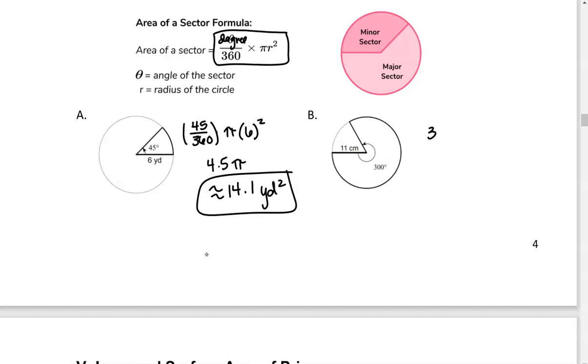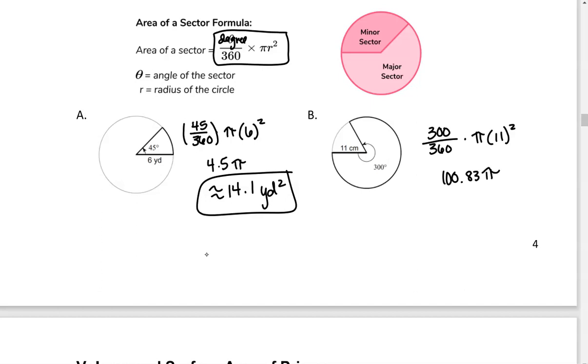This next one is going to be 300 divided by 360 times pi times 11 squared. So again, 300 divided by 360, and then we're going to take that times 11 squared, and that is going to be, well, it's not exact, but 100.83 times pi.